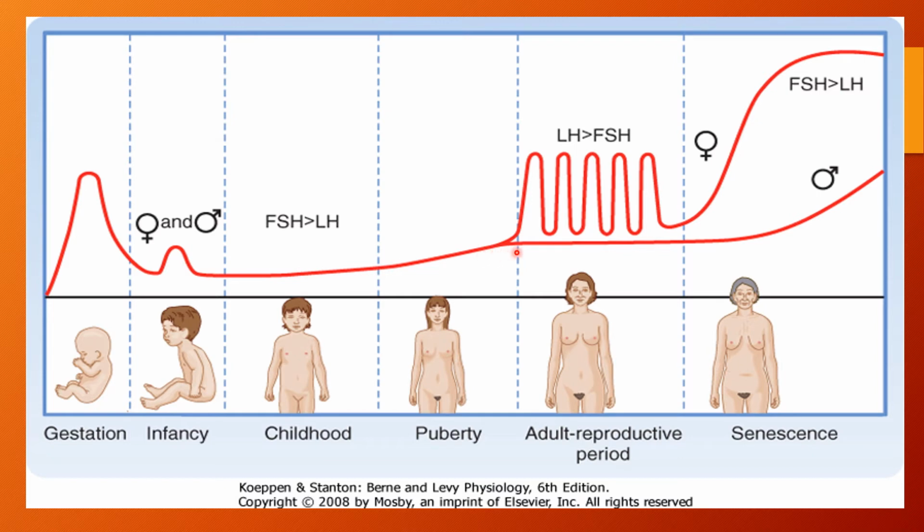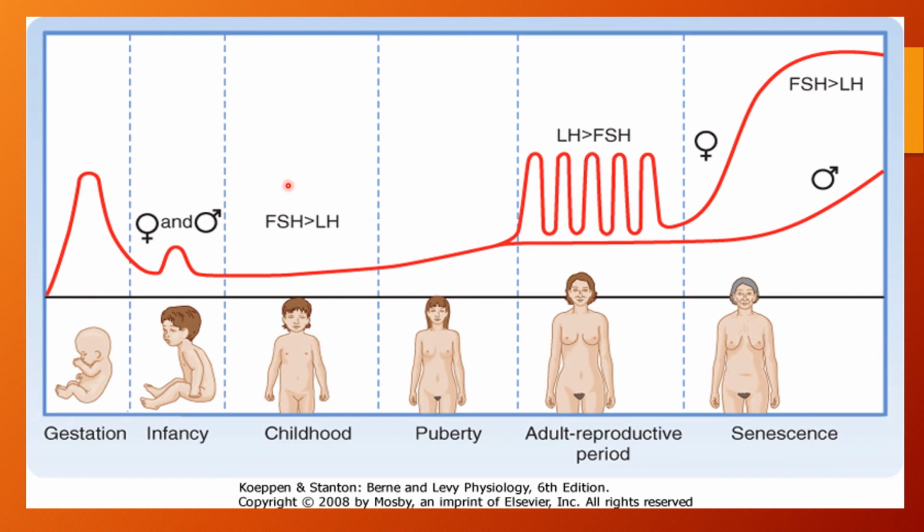Okay, for males, it will just be sustained, a little bit higher but sustained, and it increases at senescence. But for females, in the process of menstruation, ovulation, menstruation, possible pregnancy, you'll have a decrease and increase of the levels of your FSH and LH.